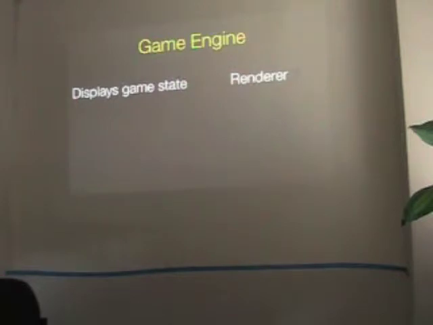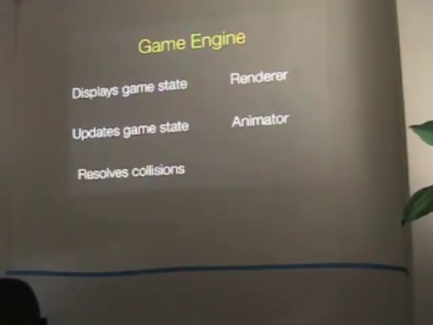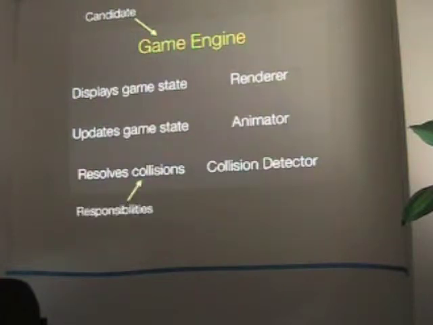This is a role. Again, this is a responsibility. This is the role which collaborates with this game engine in order to accomplish this particular responsibility. Okay, resolves collisions, all these things. So this is the candidate class, and these are its responsibilities, and these are its collaborators.